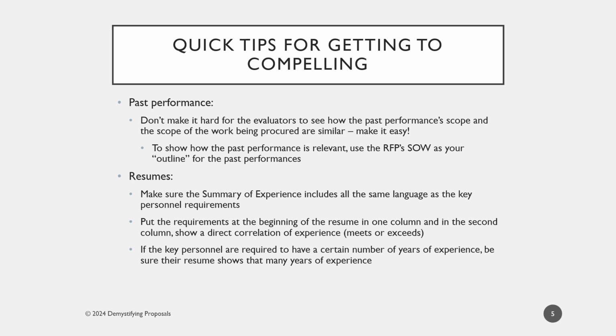If the key personnel are required to have a certain number of years of experience, be sure that their resume shows that many years of experience. We all have to truncate resumes because they're usually page limited, but be very careful that the resume still reflects the right number of years.